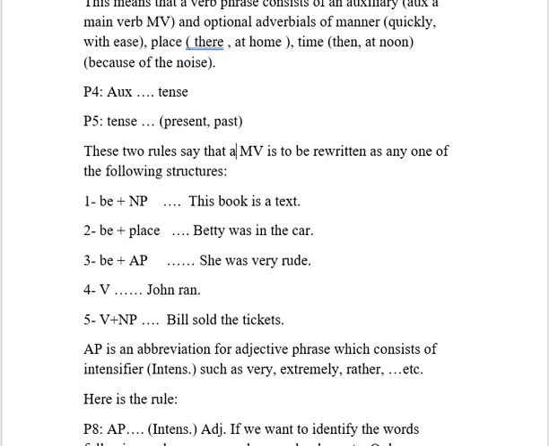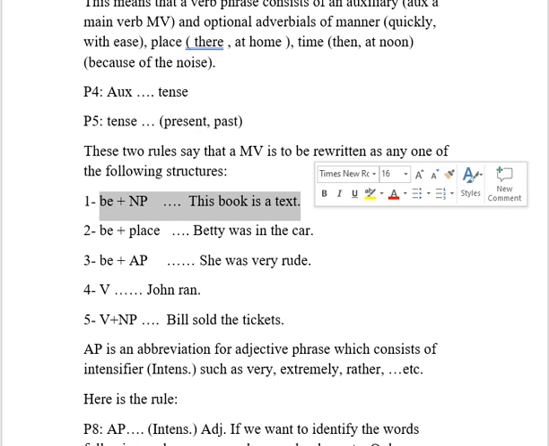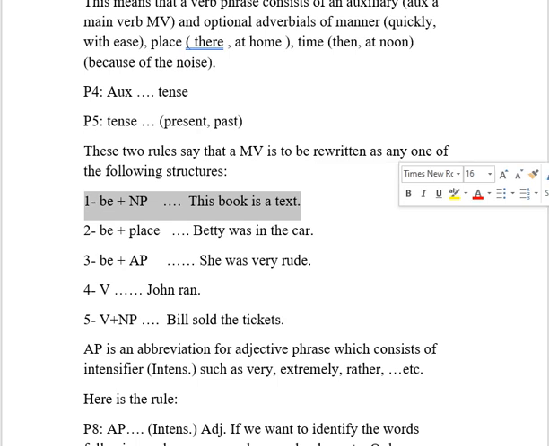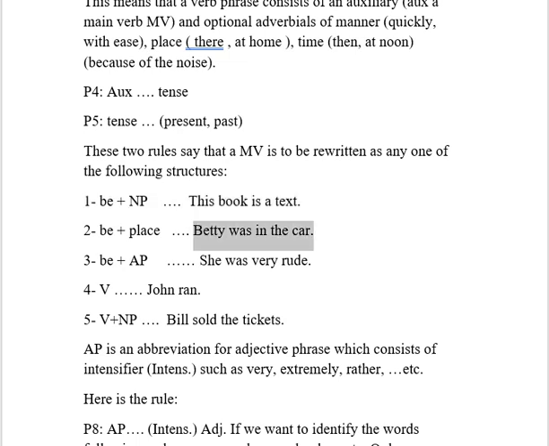Number 1, be plus noun phrase, for example, in this sentence, this book is a text. Number 2, be plus place, for example, Patty was in the car.